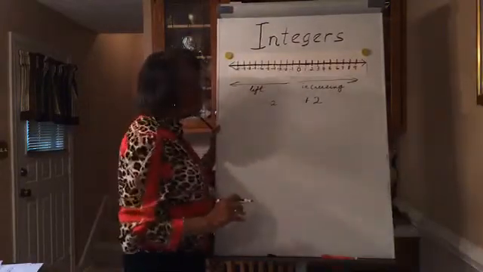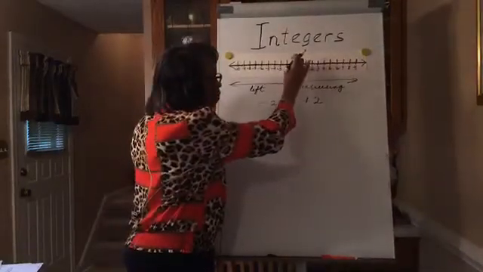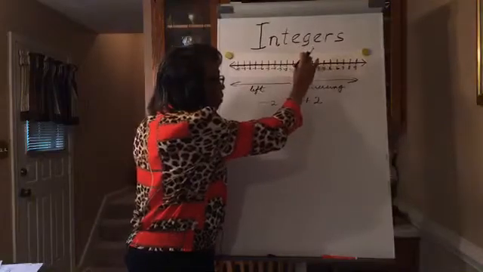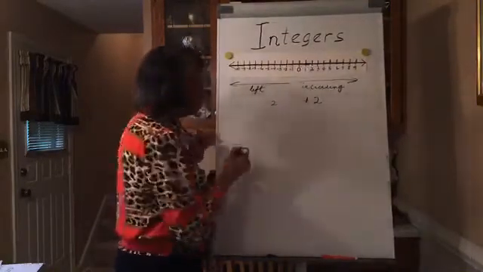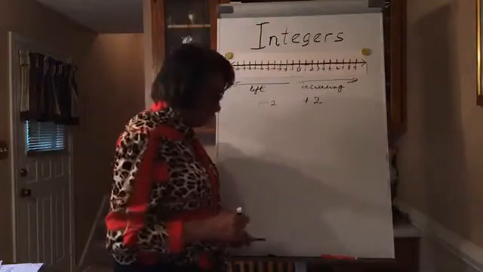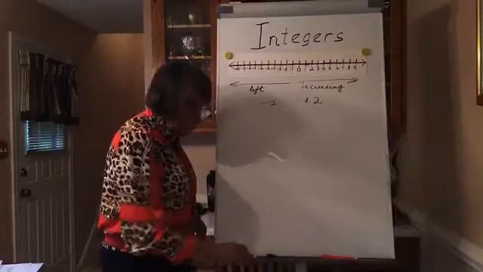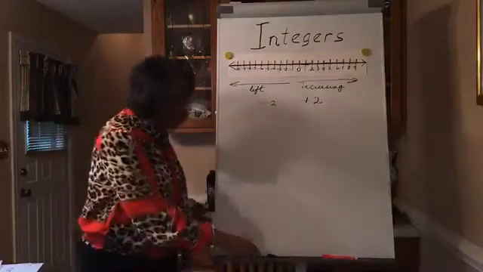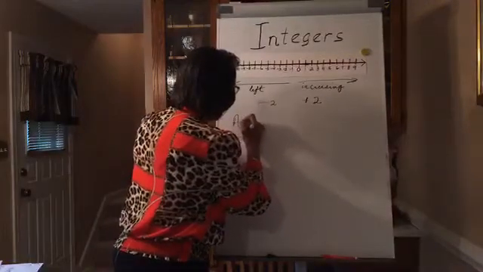Negative 2 is 2 steps from 0. Positive 2 is also 2 steps from 0. So we see that negative 2 and positive 2 are the same distance from 0, and we call that the absolute value.